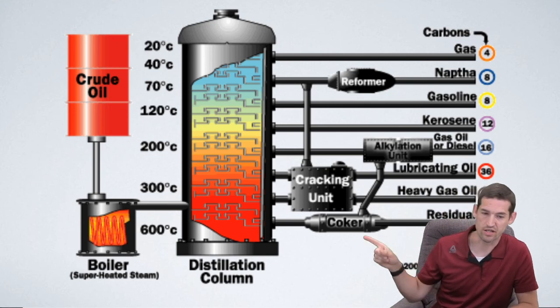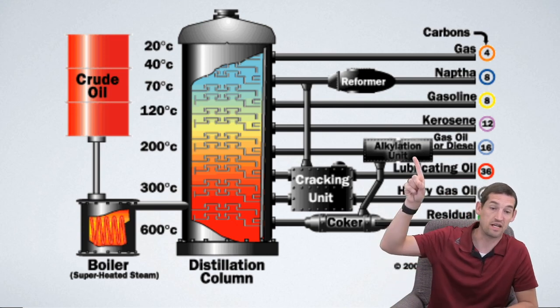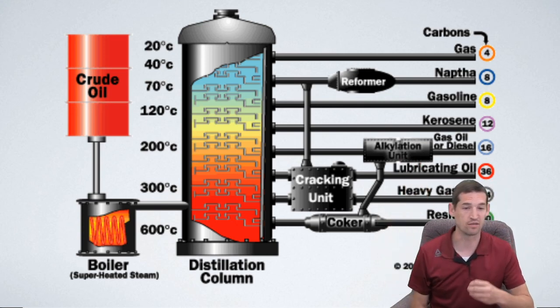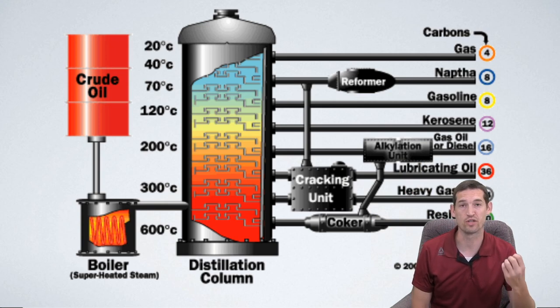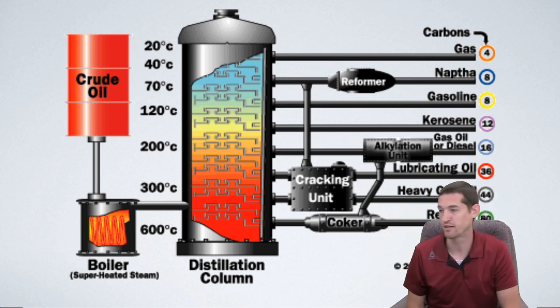You can see the coker here that's probably going to take some of that coke residue and things like that. There's an alkylation unit that's going to be adding branching onto those molecules so that they burn a little better to make this gas oil or diesel right here.